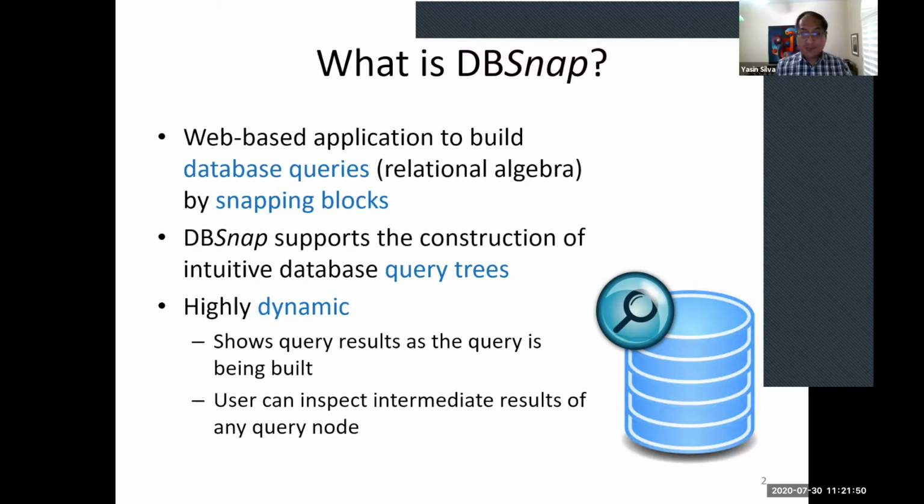So DBSnap supports constructing very intuitive queries. And for this, we have developed our own types of blocks. And you will see that the main structure is basically building these query trees.